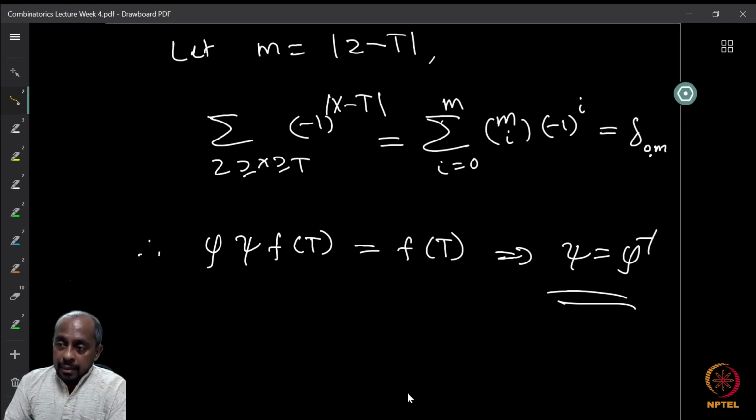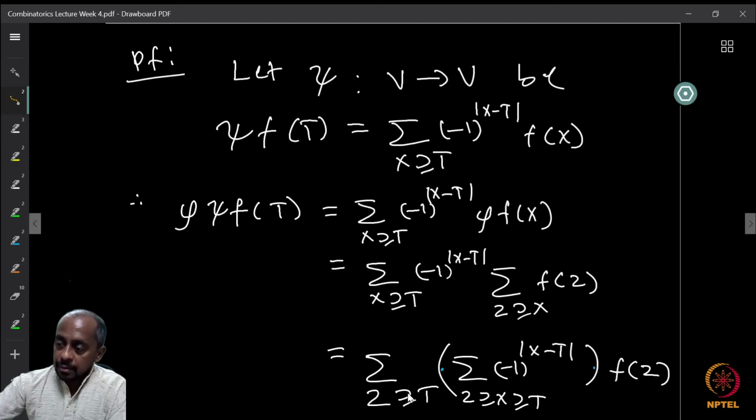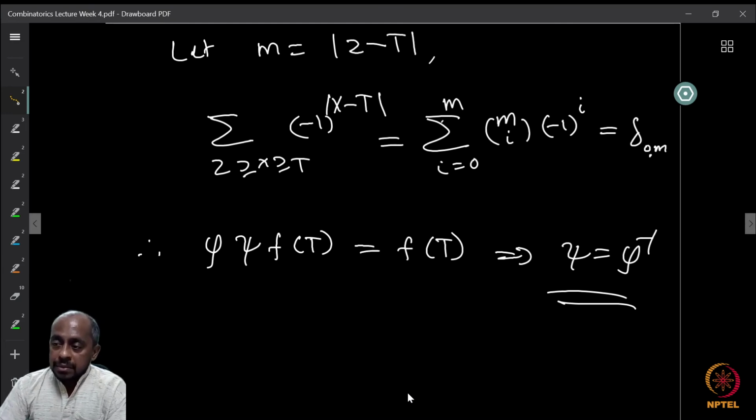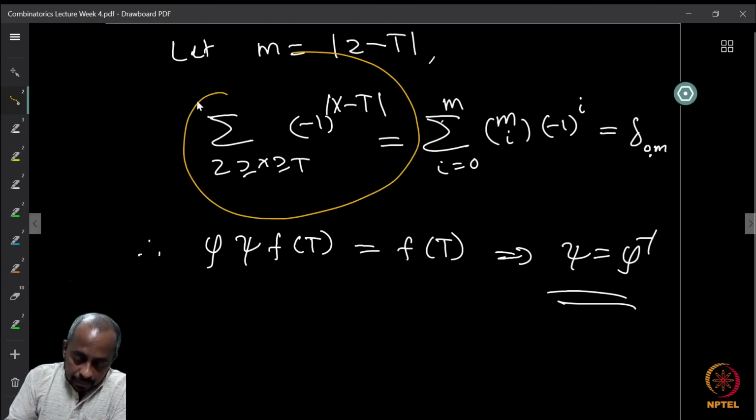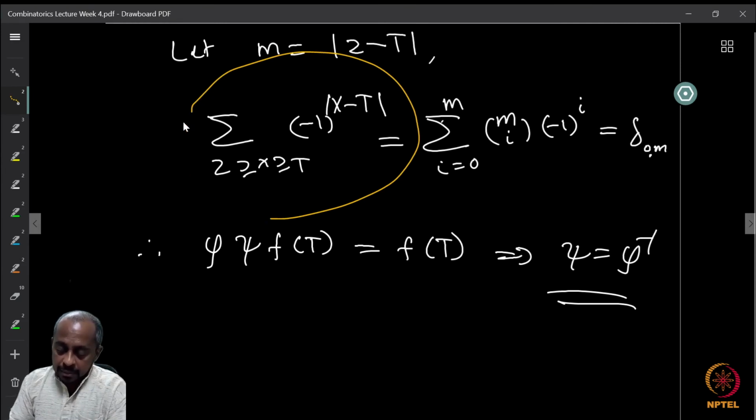For computing that, I put m equal to the cardinality of z minus t, which is required to write it as a count in a different way. So let us look at what the internal bracket sums to.